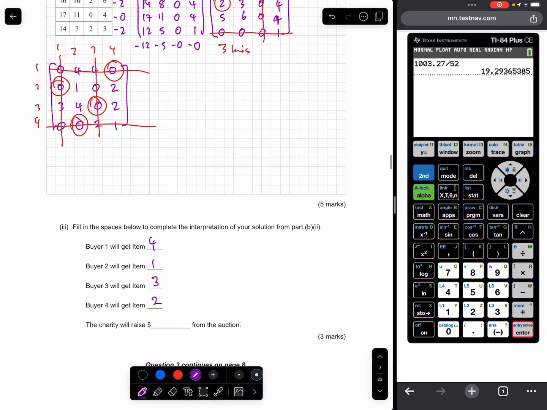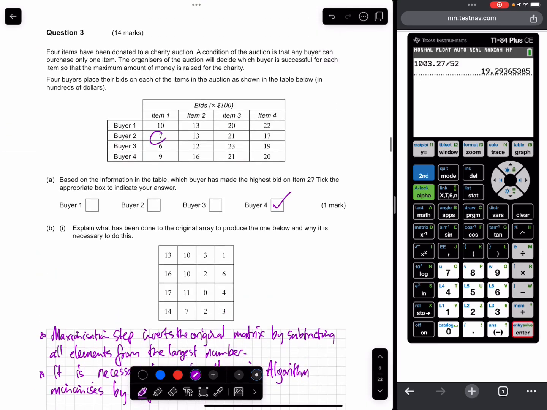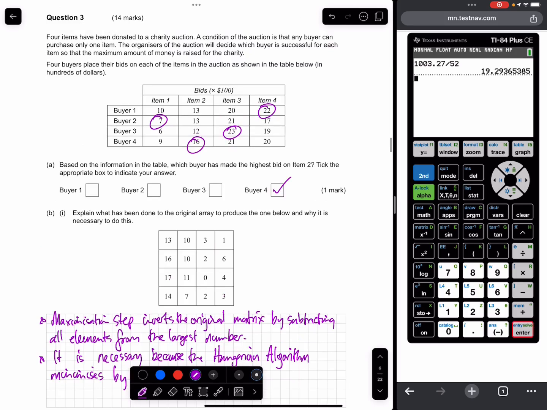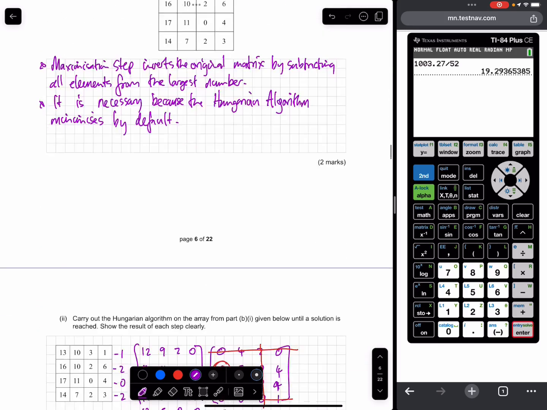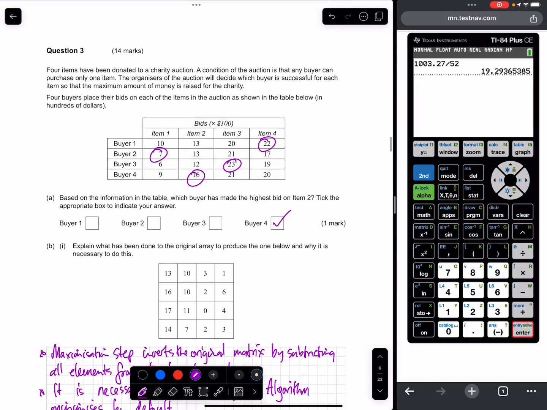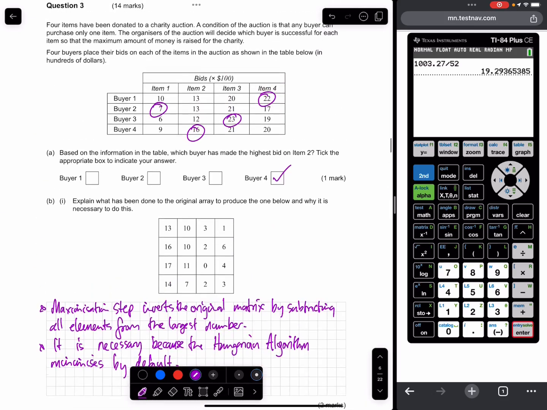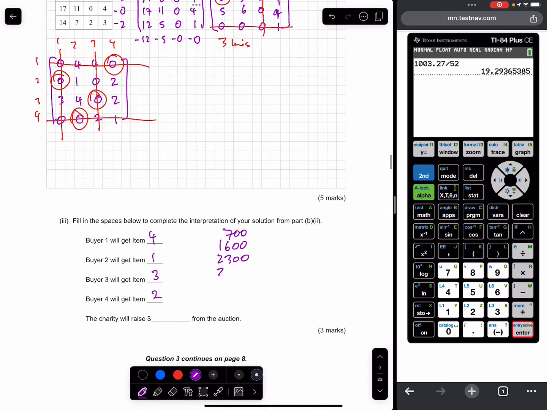The charity will raise $700, $1,600, $2,300, $2,200, which is $6,800 from the auction.